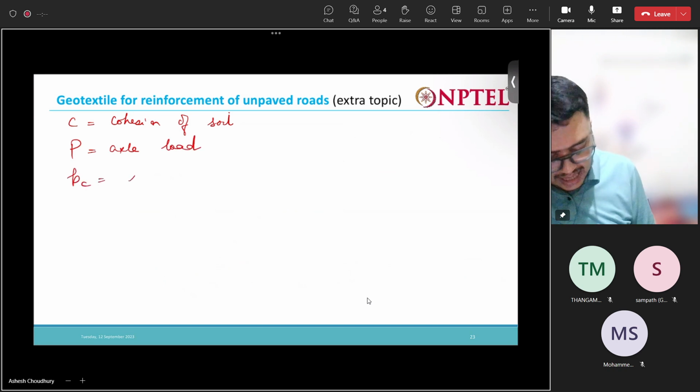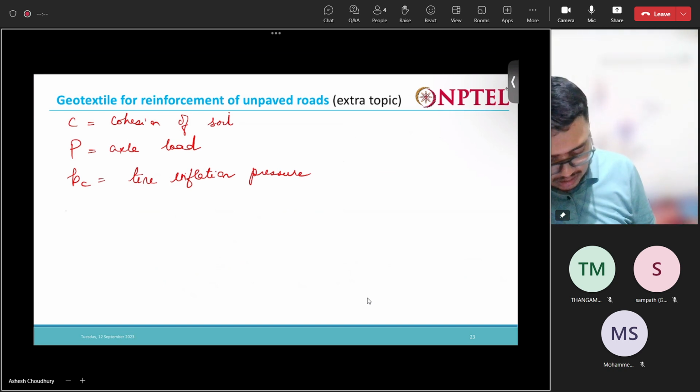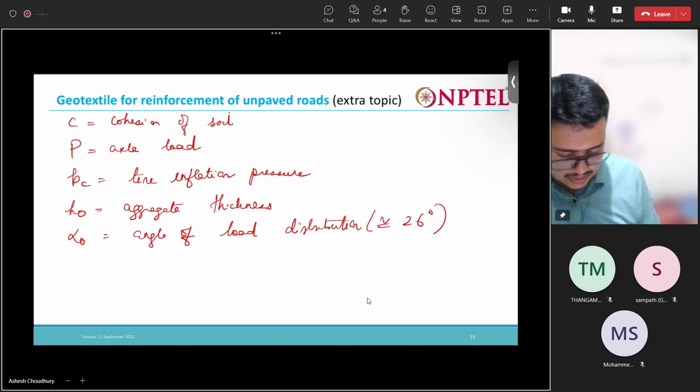PC is the tire inflation pressure, the pressure at which vehicle tires have been inflated. What is H naught? Aggregate thickness. Alpha naught is the angle of load distribution, approximately 26 degrees.